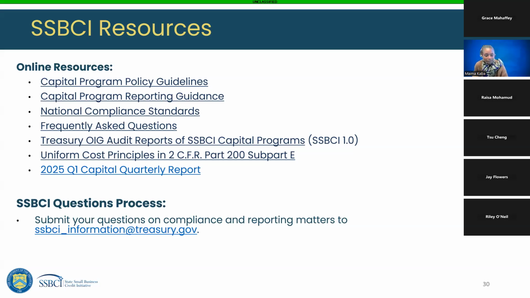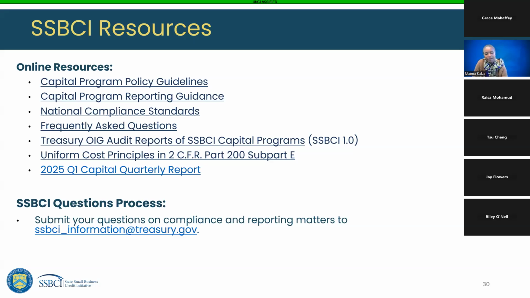These are all the resources we discussed throughout this presentation. So these are our principal documents. So please reference that. And please share it with any of your providers or any of your partners. Please reference our policy guidelines, our reporting guidance, and the national compliance standards. We really do highly recommend that. And also it will address any folks that have had some unenrollment issues, not compliance.